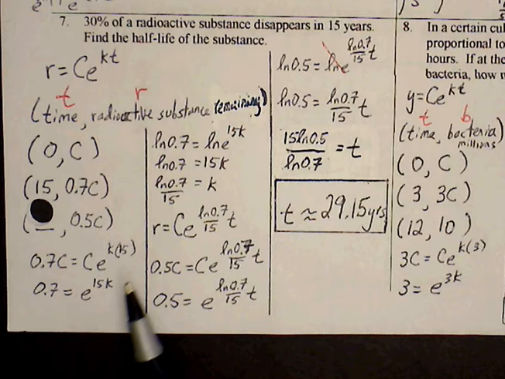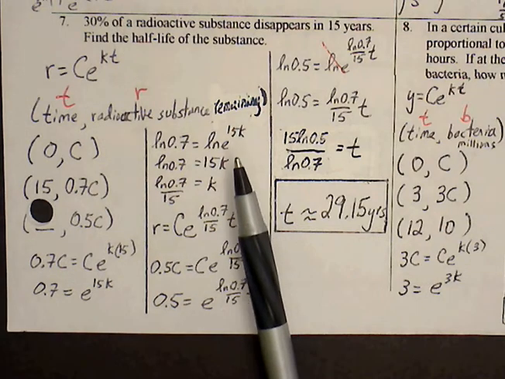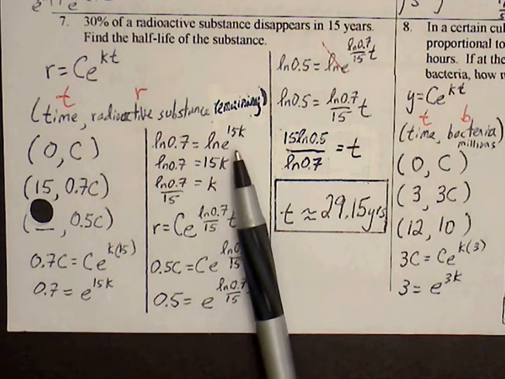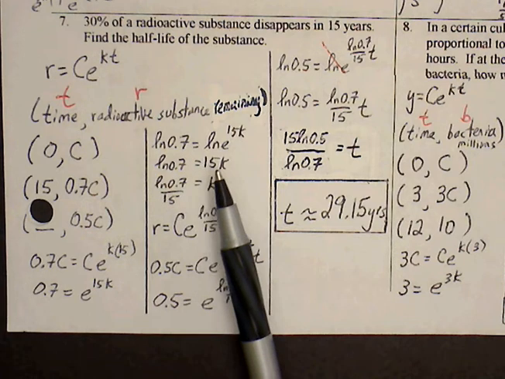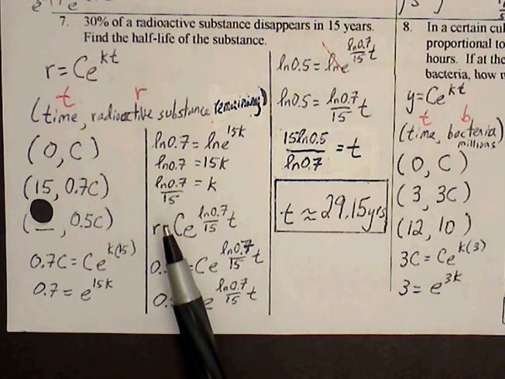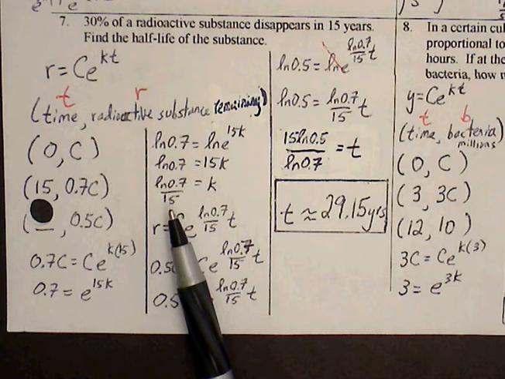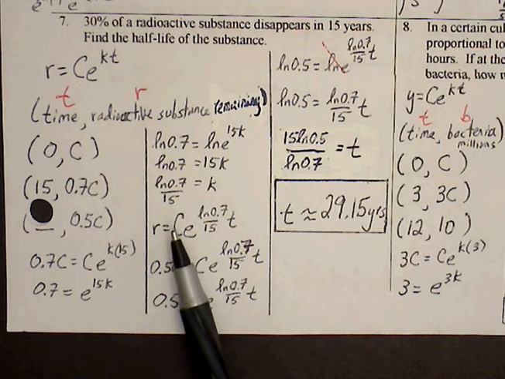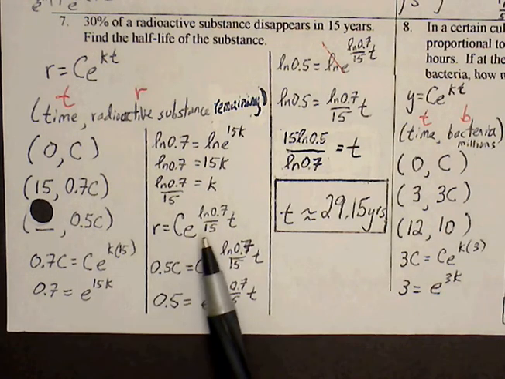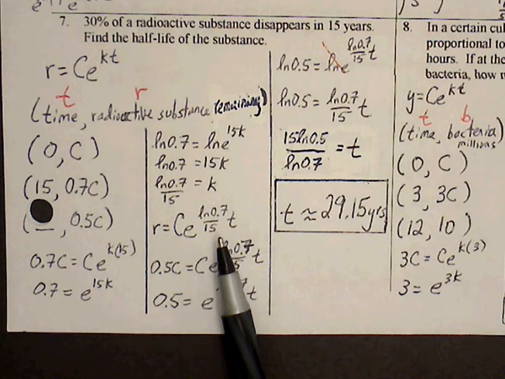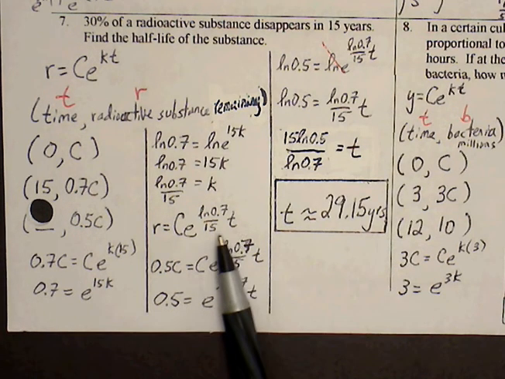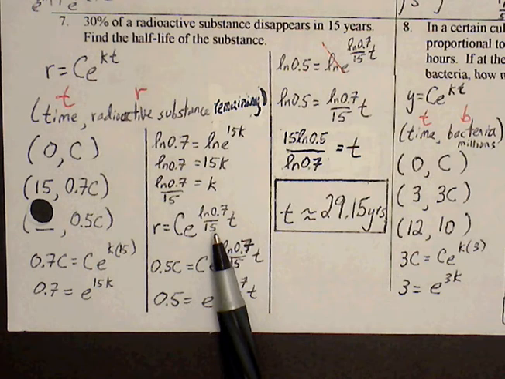So natural log of 0.7 is equal to ln of e to the 15k. Bring the 15k down in front, divide both sides by 15. So we have our k value, natural log of 0.7 over 15. So we have R is equal to CE to the ln of 0.7 over 15 times t.